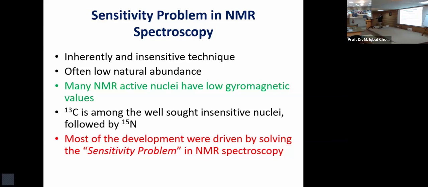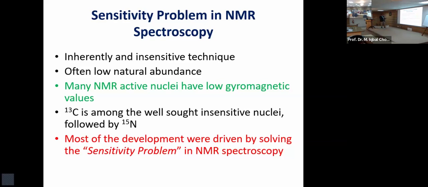So carbon has to be detected, and for that they have done lots of work to improve the sensitivity. The easiest solution was a big magnet, because big magnet means big energy difference, big population difference, higher frequency, better signals.